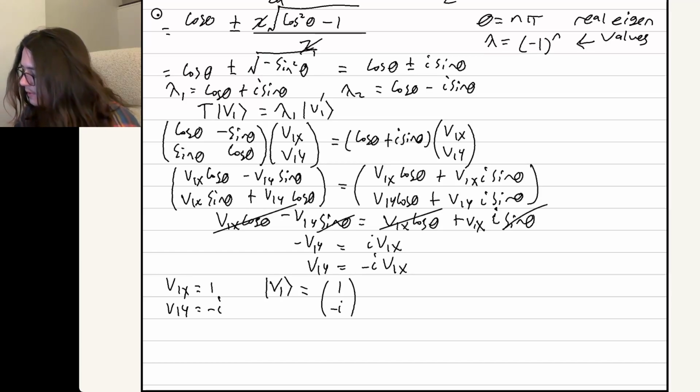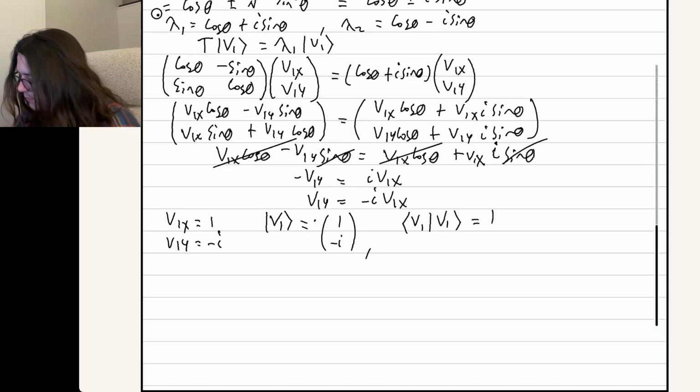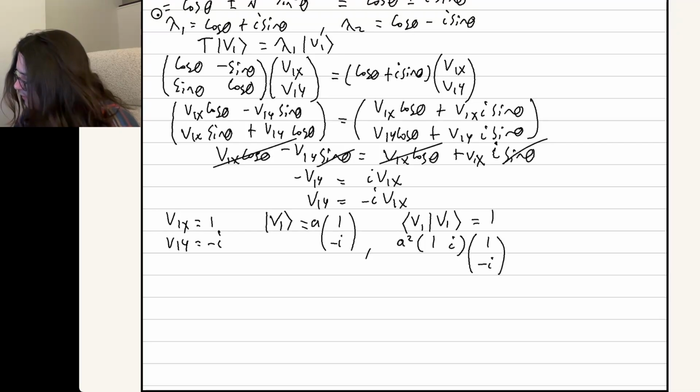We do have to normalize it, so we take the inner product of v1 with itself and set it equal to 1. There is a normalization constant here, we just haven't figured it out yet. So it's a squared times the row vector 1, i, times the column vector 1, minus i. Set that equal to 1.